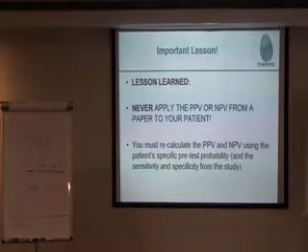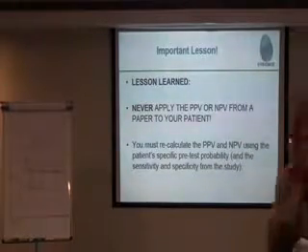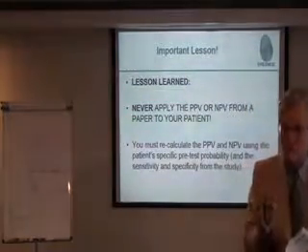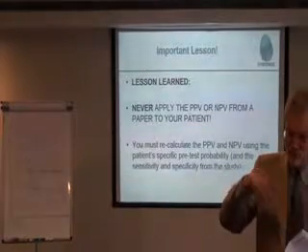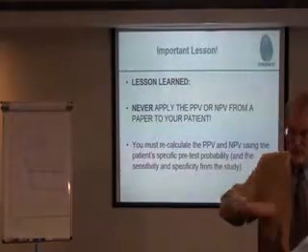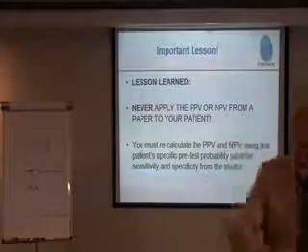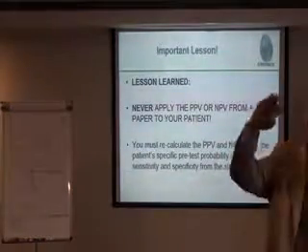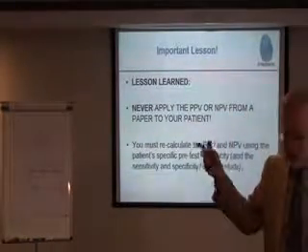Did this change the predictive value? Well, the pretest probability is what changed. The pretest probability of 90 compared to 13 is what really changed the positive and negative predictive value.